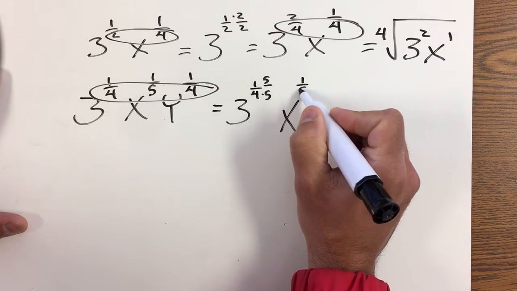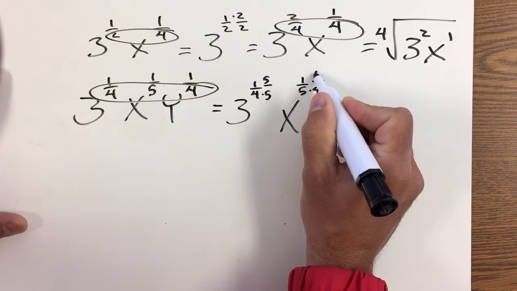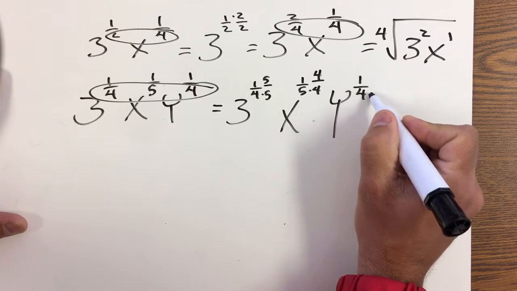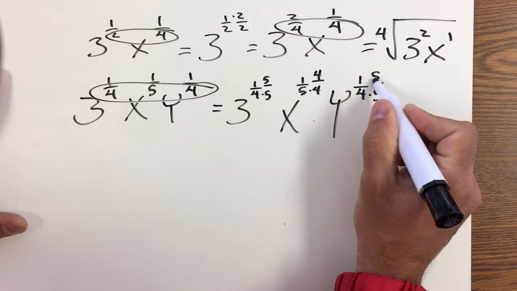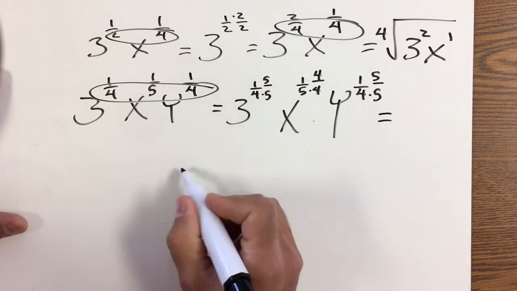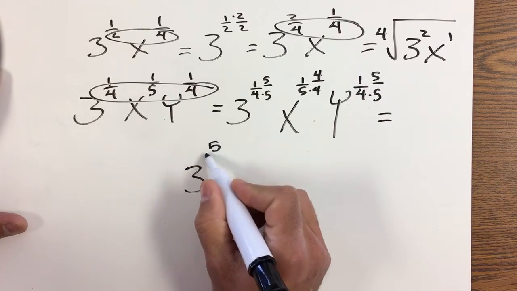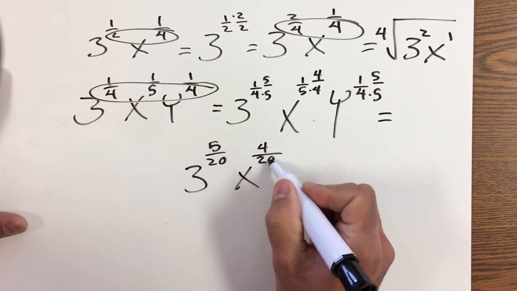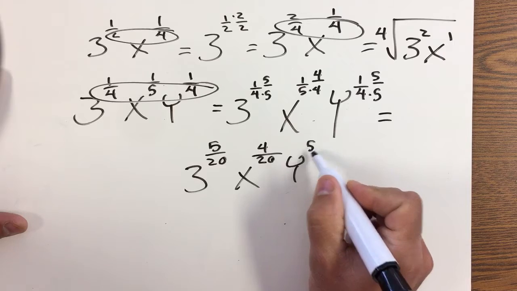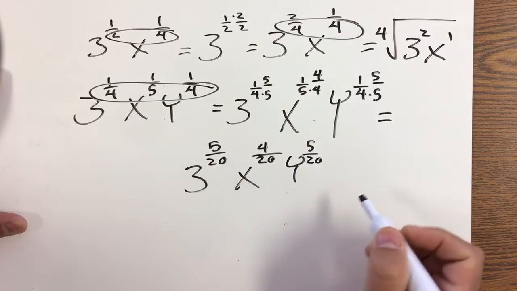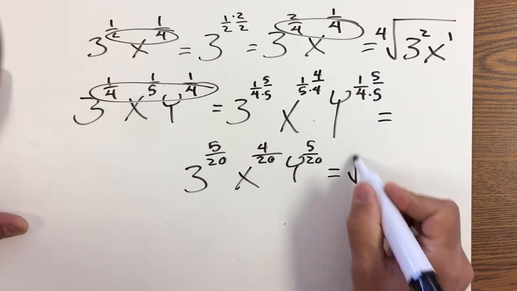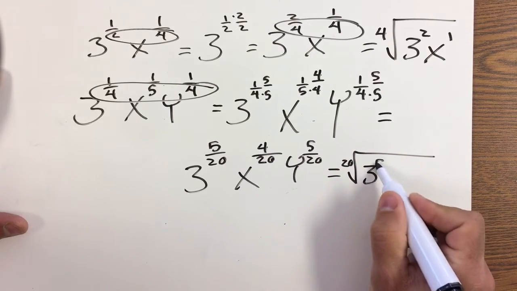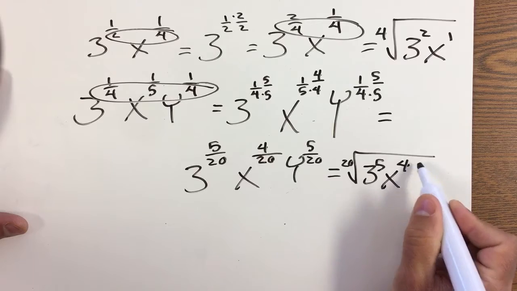The x is going to be times 4, multiply the numerator times 4, and the y is going to be times 5, multiply the numerator times 5. So that's going to give me 3 to the 5/20, x to the 4/20, y to the 5/20. So now they have the same denominator, so the denominator is going to be my index. It's going to be 3 to the 5th, x to the 4th, y to the 5th.